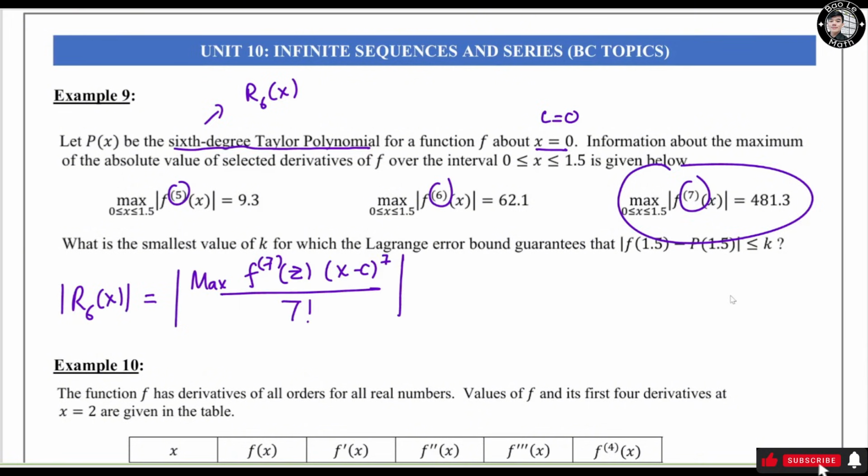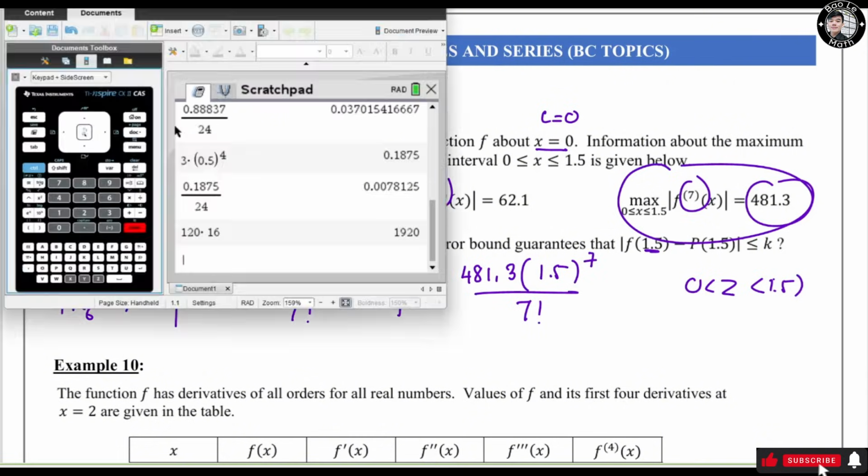equals, now remember z between, now the maximum is 4h1.3. So you have 4h1.3 times s equals 1.5, c equals 0, so it will be 1.5 raised to the 7 over 7 factorial. So you're going to pull up the calculator.